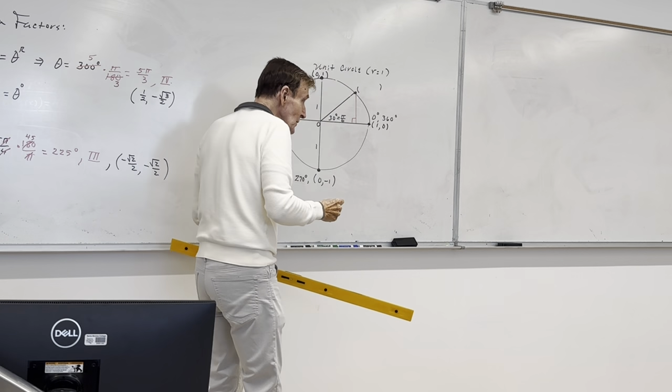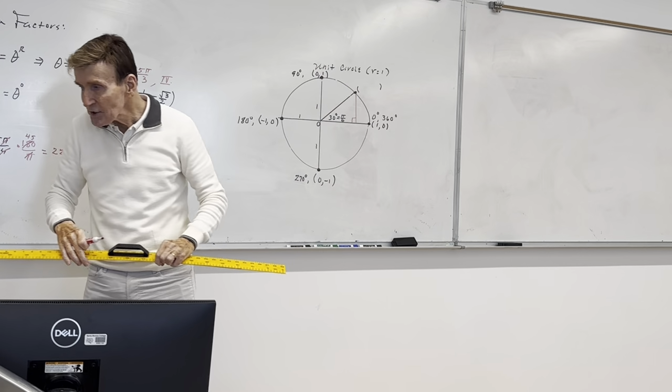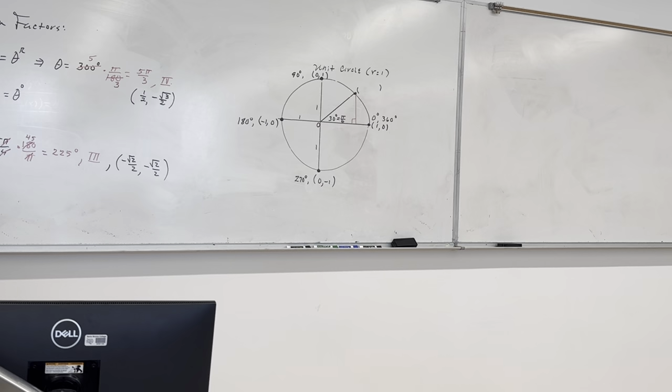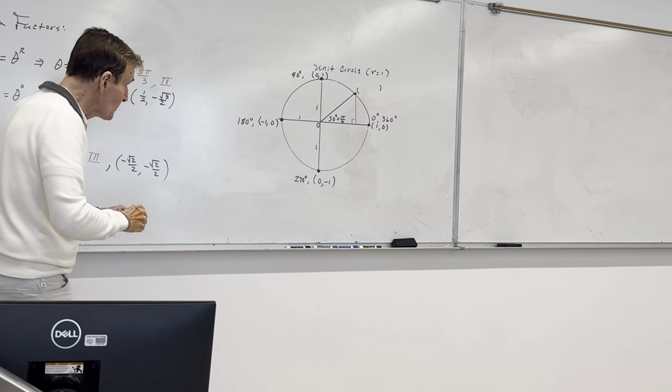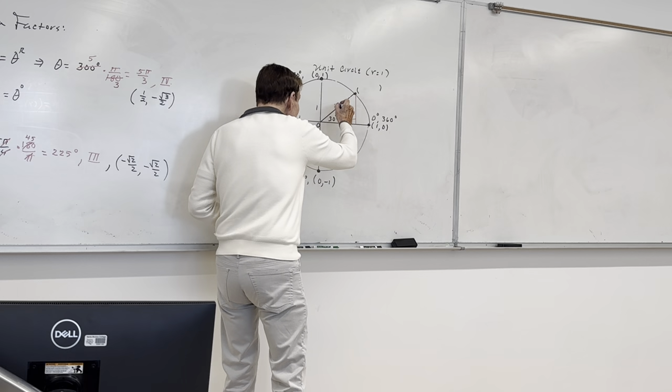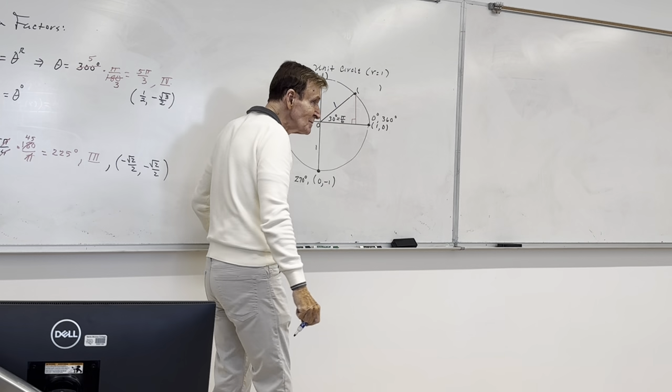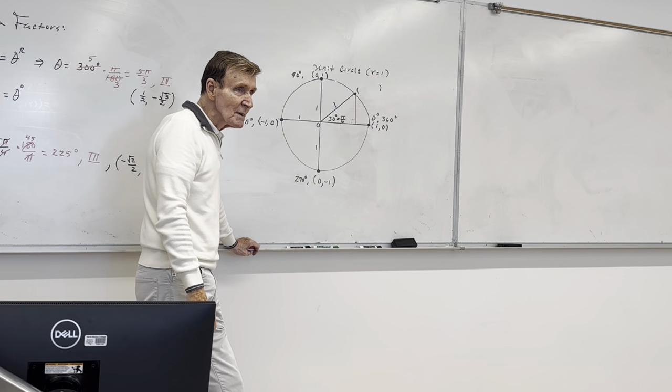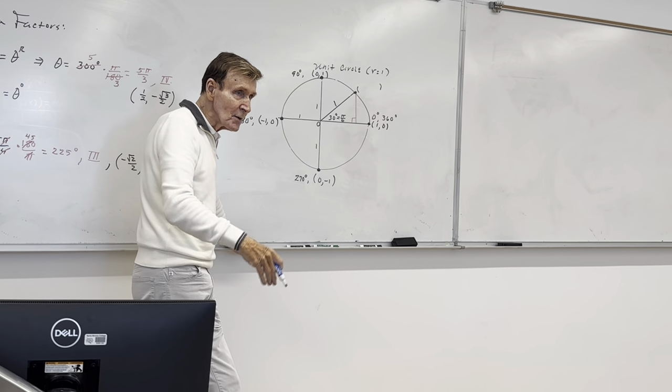And if I start marking on that right triangle after I drop the perpendicular, there's no doubt the hypotenuse, the radius, is 1. The hypotenuse is the side opposite the right angle.